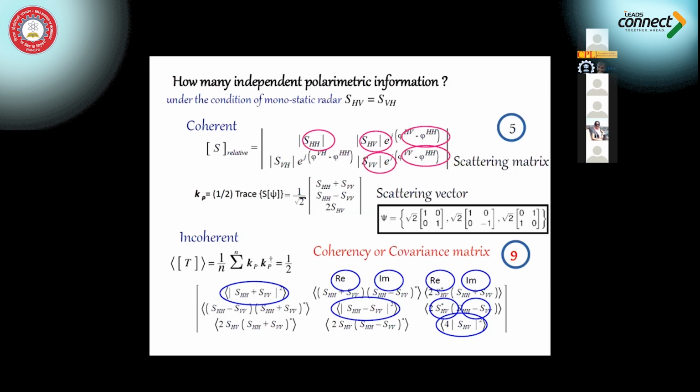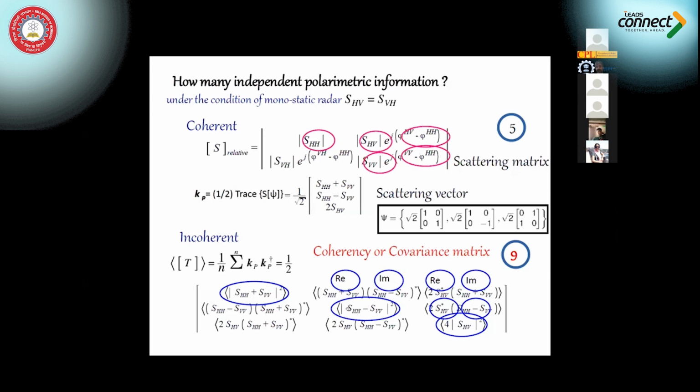But you can also convert it into the second order statistics, because that will represent some more depolarization phenomena, and it's a very good representation, because the coherency matrix elements have some physical interpretation directly related to the physical world target. Okay, for example, the S_HH plus S_VV combination is representative of surface scattering.